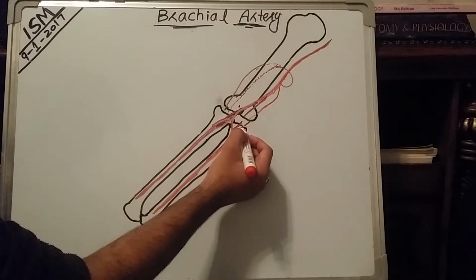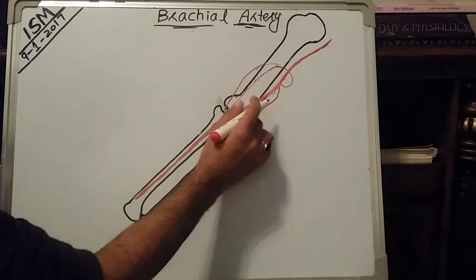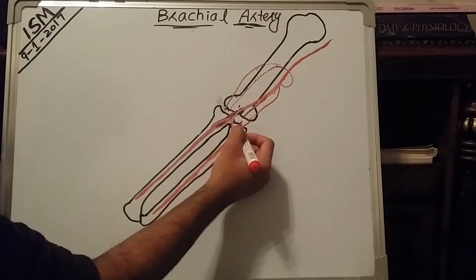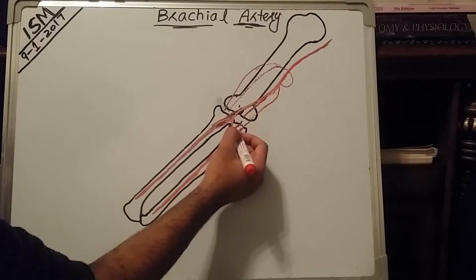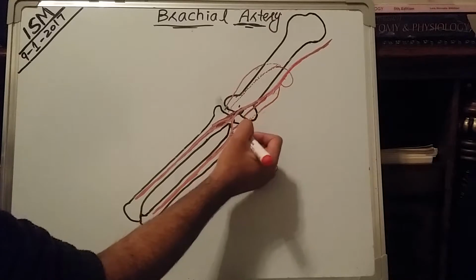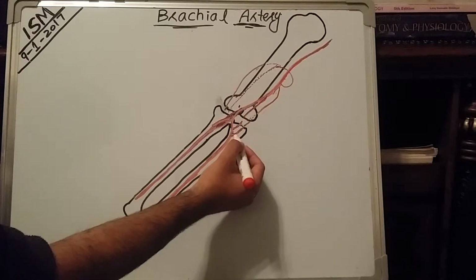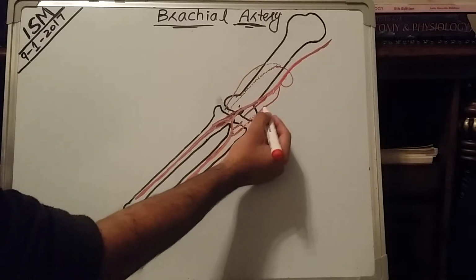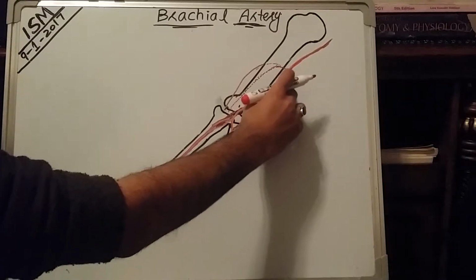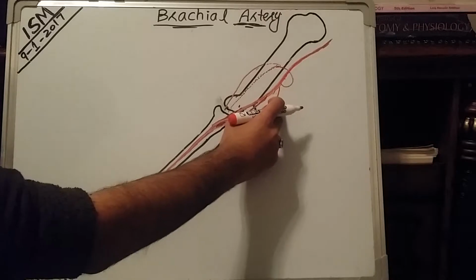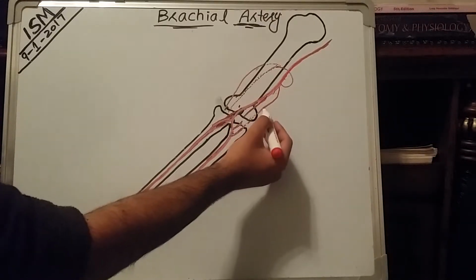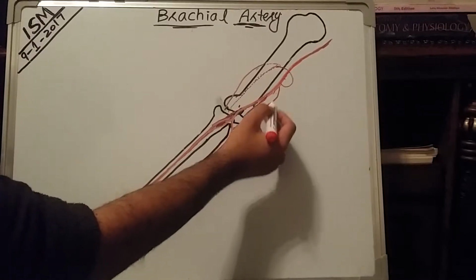So this artery we call the posterior and inferior recurrent ulnar arteries, which form the posterior ulnar recurrent artery, forms an anastomosis with the artery coming from the upper side of the brachial artery, which we call the superior ulnar collateral artery.